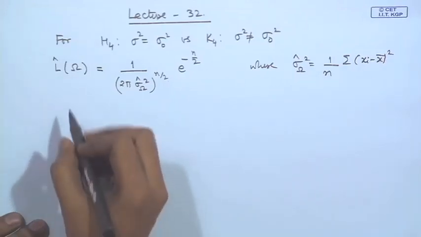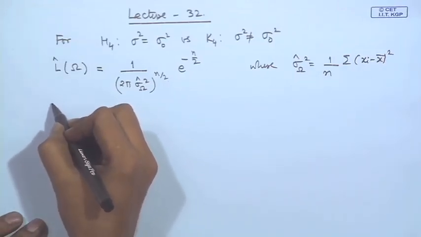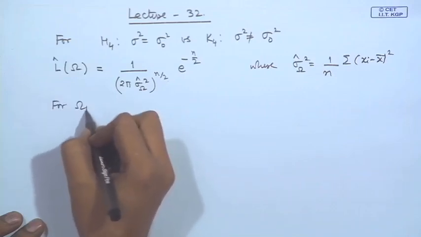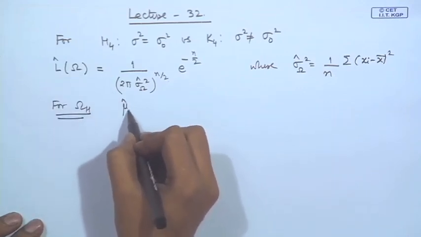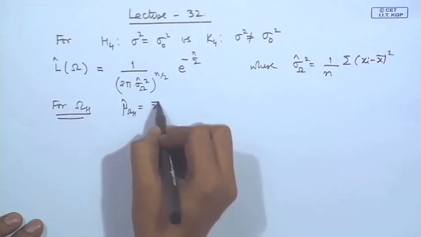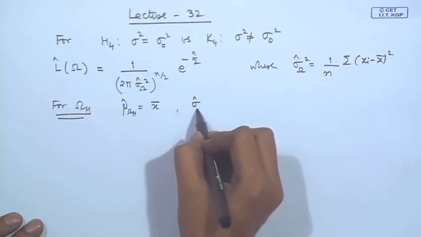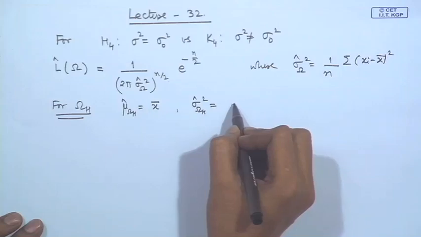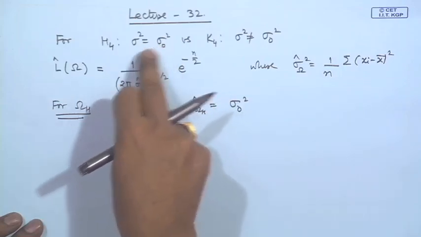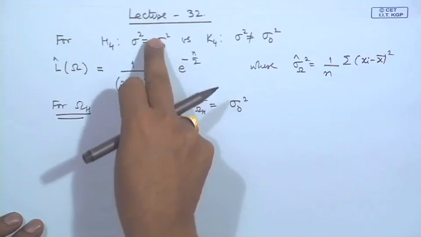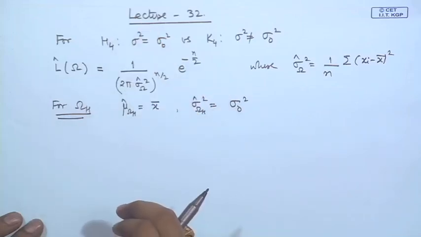Now, when we are considering omega H, then mu hat omega H remains the same. However, sigma omega H hat square is actually equal to sigma naught square, because this is a point null hypothesis, so at this point only one value will come.